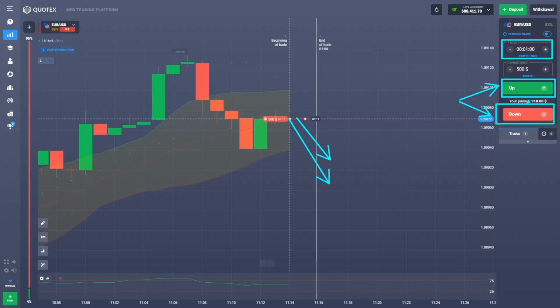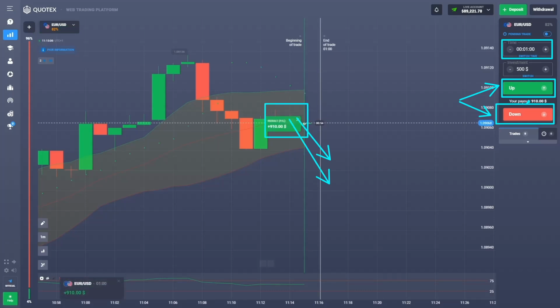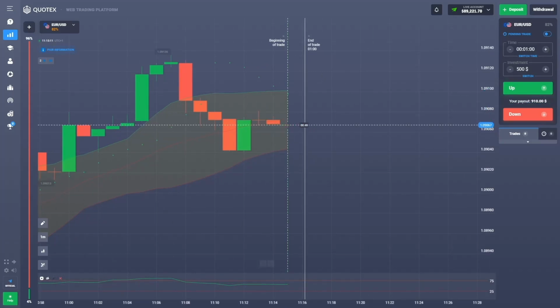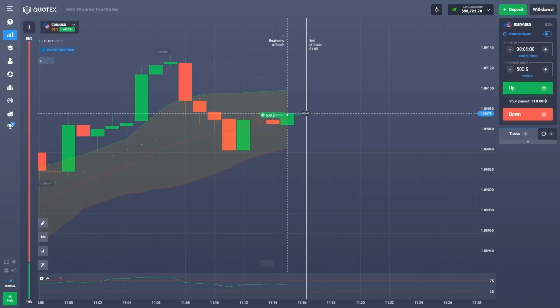The strategy can work up to 10 minutes. Over 10 minutes, the advanced level is applied to your tradings. So the advanced level is applied if you are trading on over 1 hour or 10 minutes expiration time.